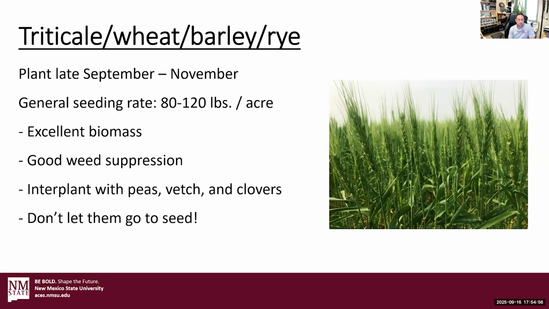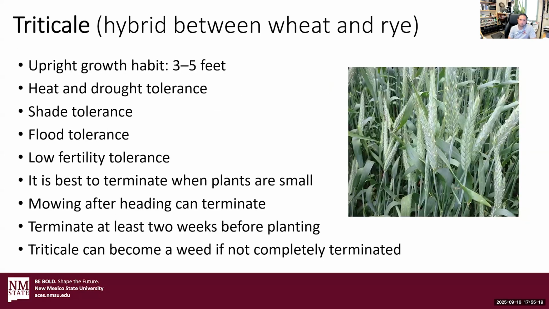If you do that, triticale and these others provide excellent amounts of biomass. They can smother out weeds, so they have good weed suppression. You can interplant these with peas, vetch, and clovers, but again, you don't want to let them go to seed because they can become a weed.